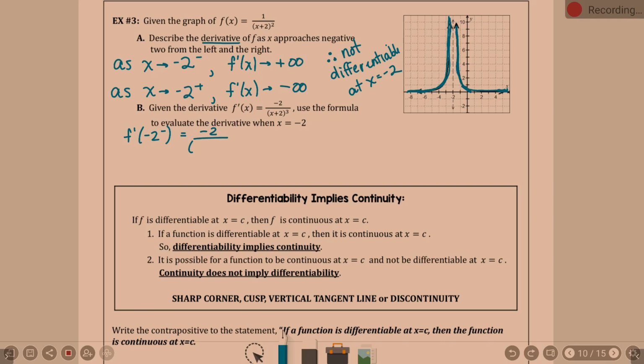Now, in my notes, I'll be honest, I just have -2.1, but something like that, right? So if we put -2.01 plus 2 raised to the power of 3, so -2 over, this is going to be -0.01 raised to the third.